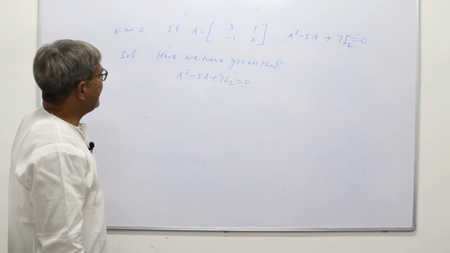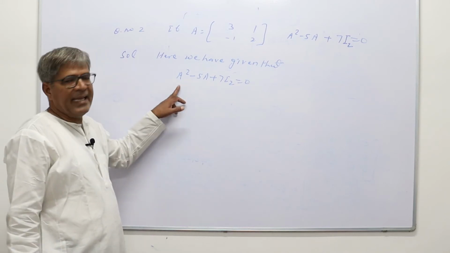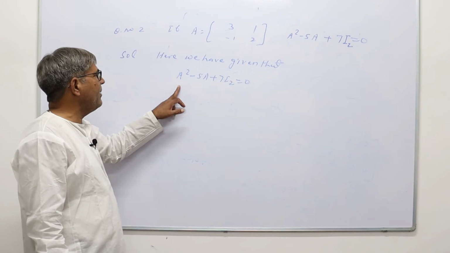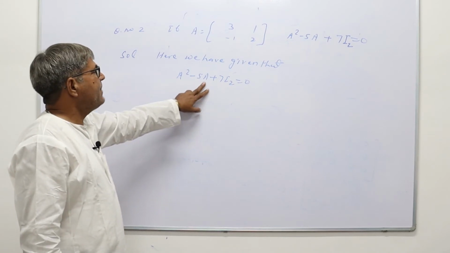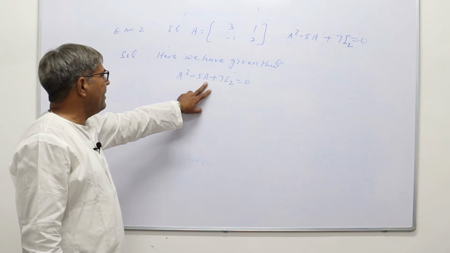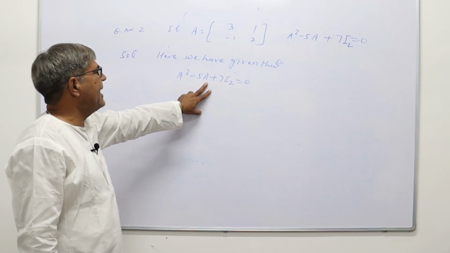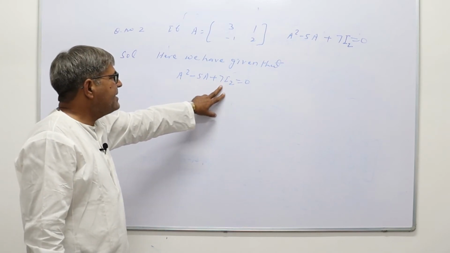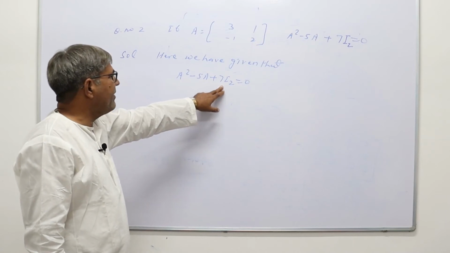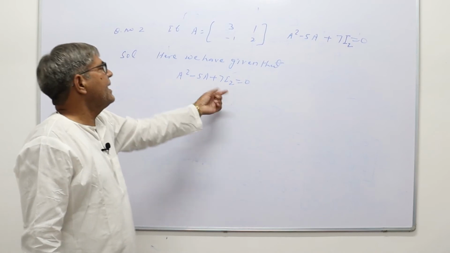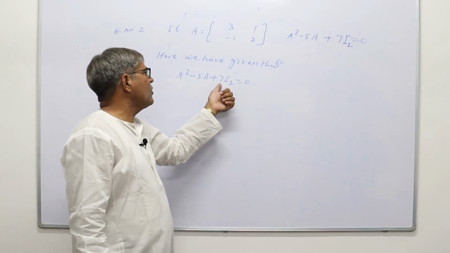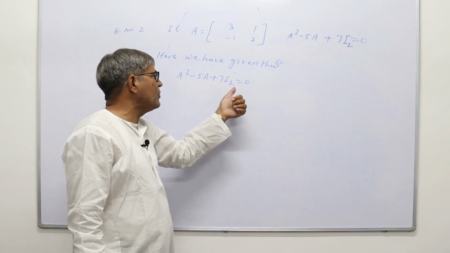So in the left hand side, first we will find A square, that is matrix A will be multiplied with the matrix A. Then minus 5A means scalar multiplication of the given matrix, and then 7 means 7I2, that is 7 will be multiplied with the identity matrix of order 2, that is also scalar multiplication of 7 with I2.